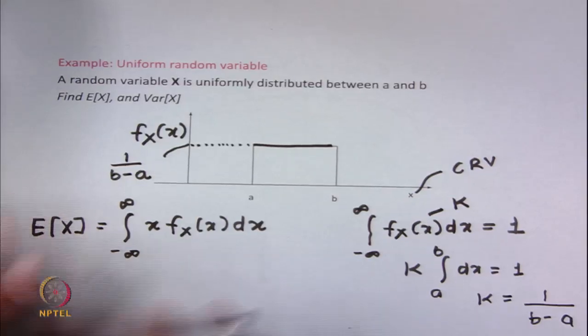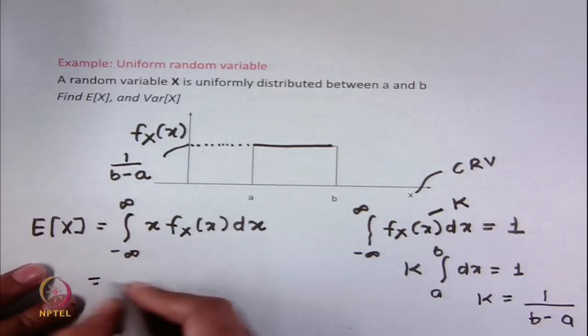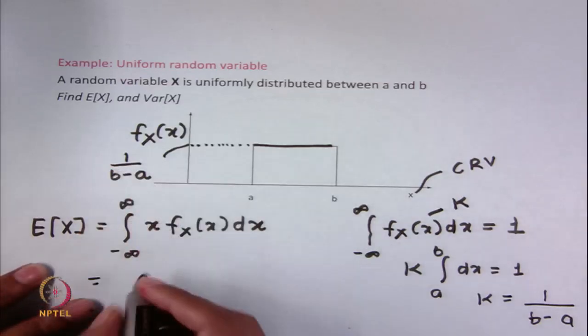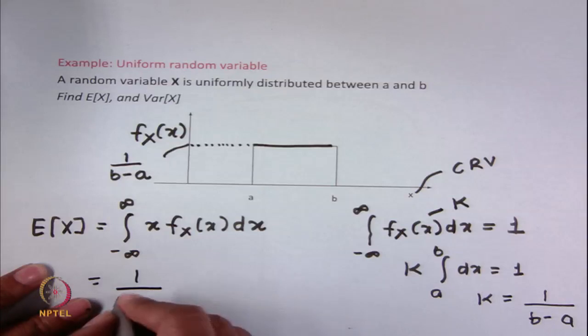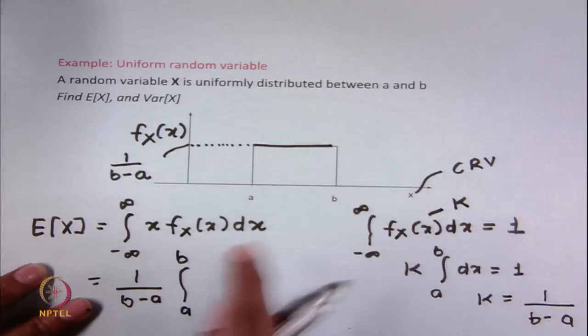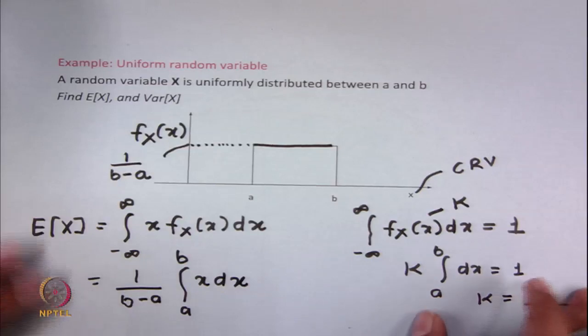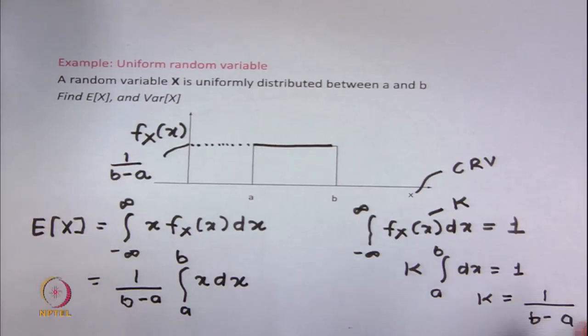Okay. Now, finding the expected value of this is easy. The probability density function is constant only in the limits a and b, after that it is all 0. So, we get this, and you can solve this up.